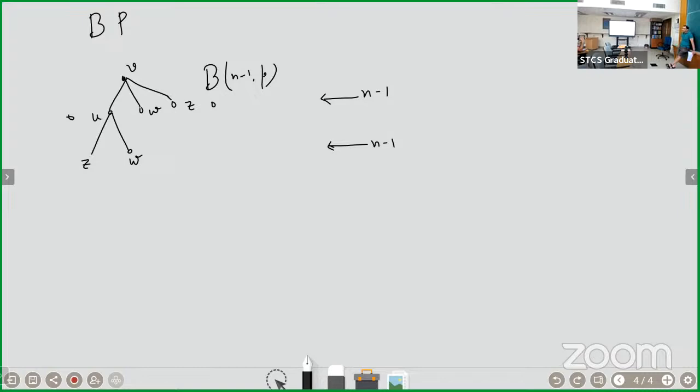Now, the fact that U is connected to V means that, at least, one node is out, which is V. So it depends on what has already been connected. U's ability to connect is constrained by an edge already being present between U and V. So this is not as simple a branching process as we had considered. There is some history dependent offspring distribution.